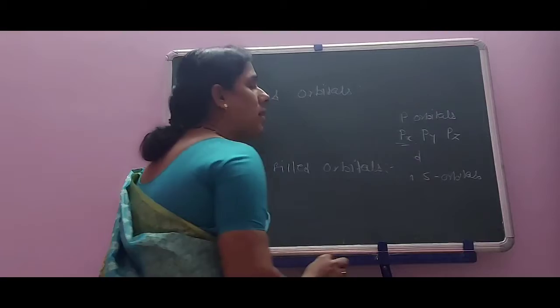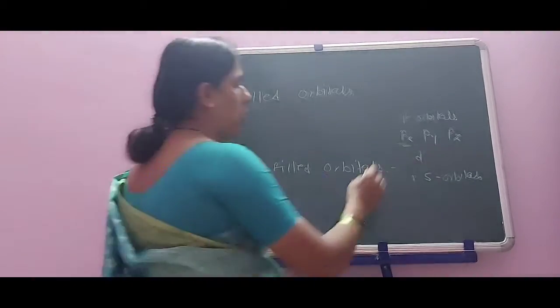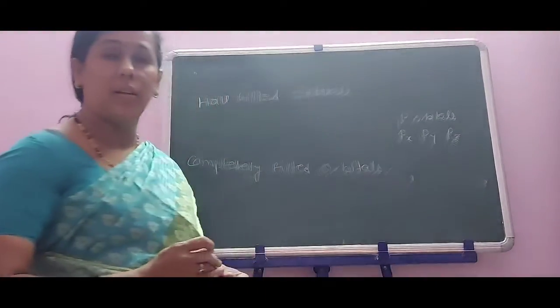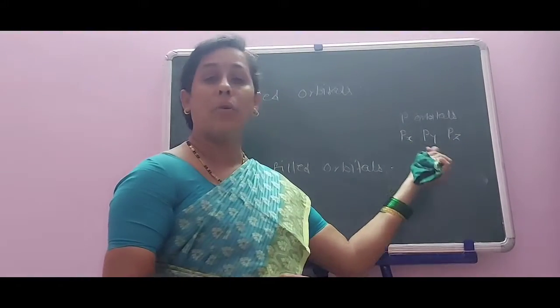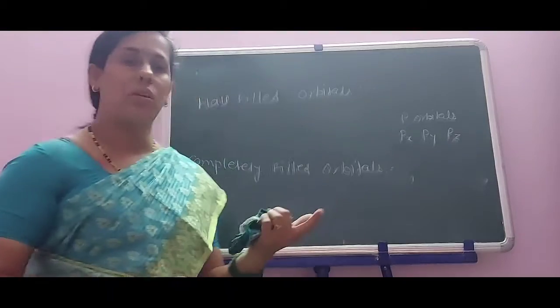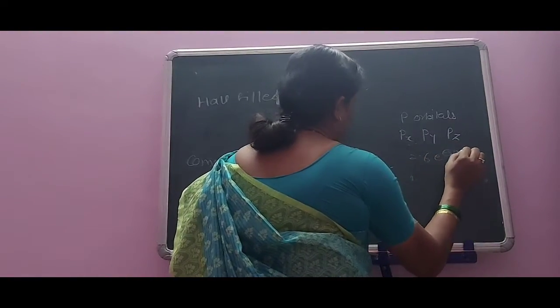In each orbital, the capacity of accommodation is 2 electrons. So the capacity of p orbitals along the coordinate axes px, py and pz is a total of 6 electrons.